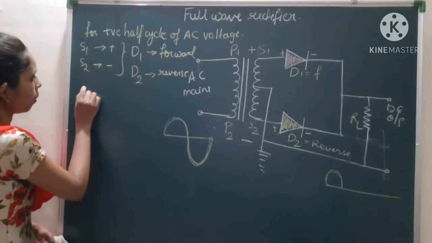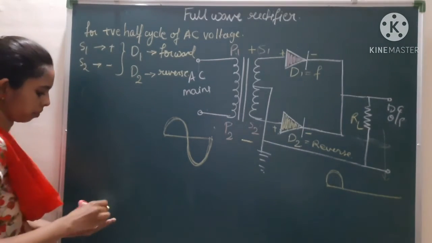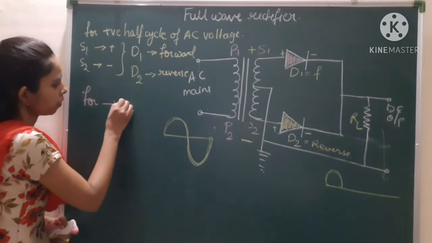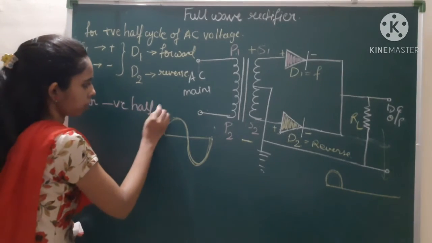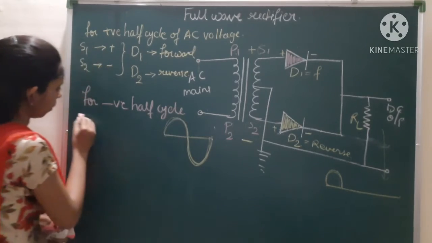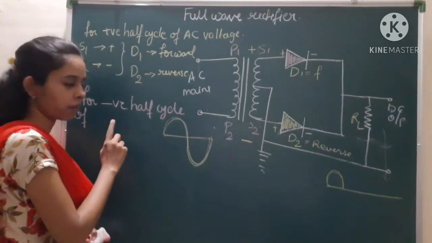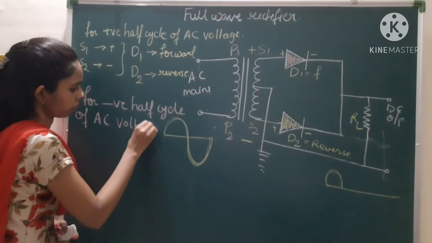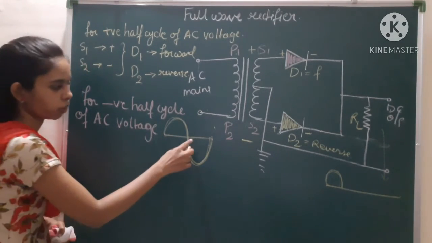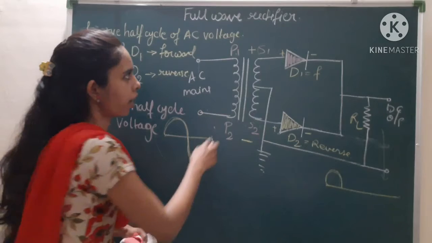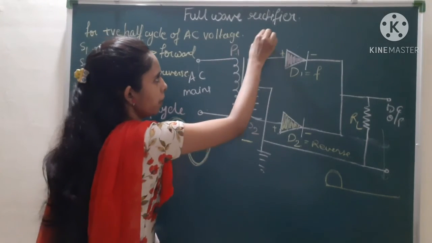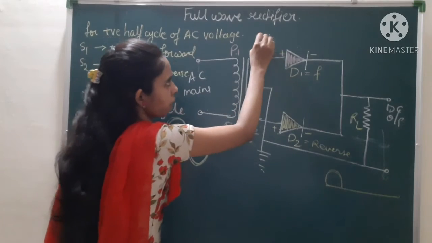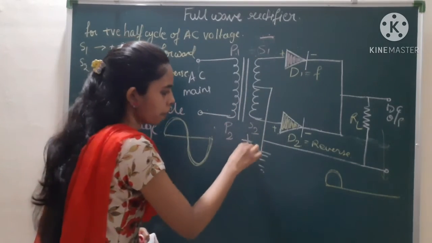Now, for negative half cycle of AC voltage, due to this negative half cycle, now S1 will become minus and S2 will become plus.